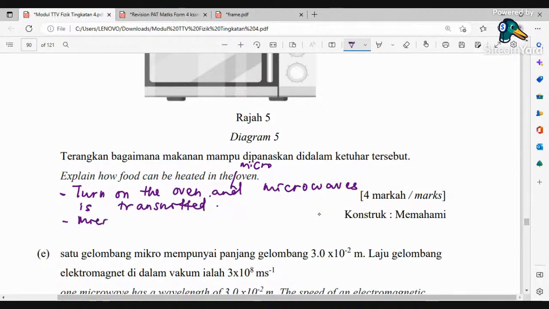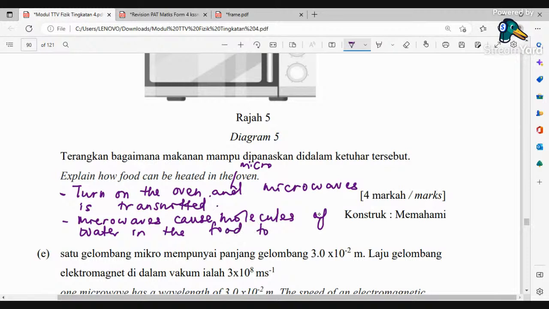Microwave molecules in the food to vibrate at high frequency.